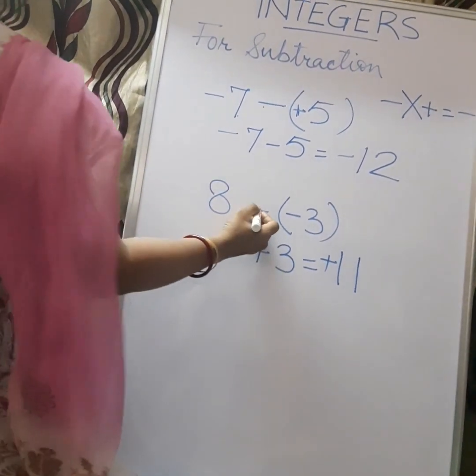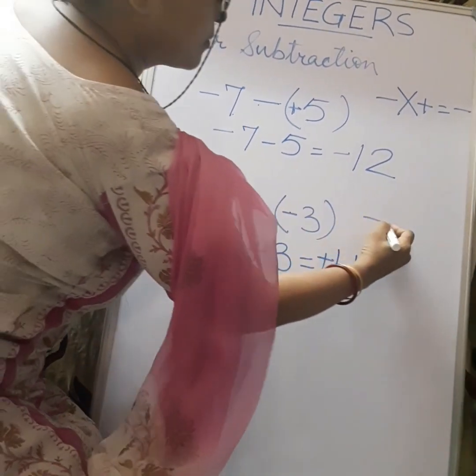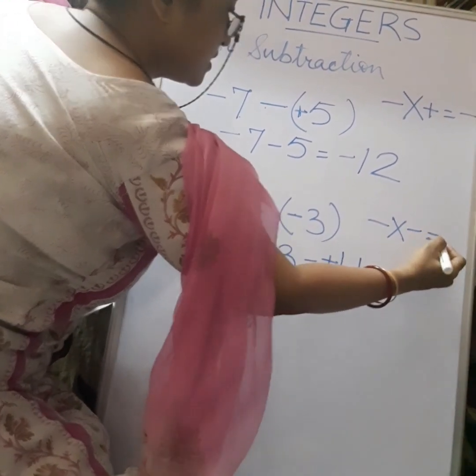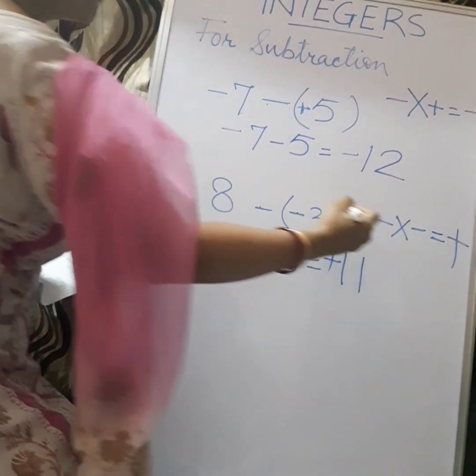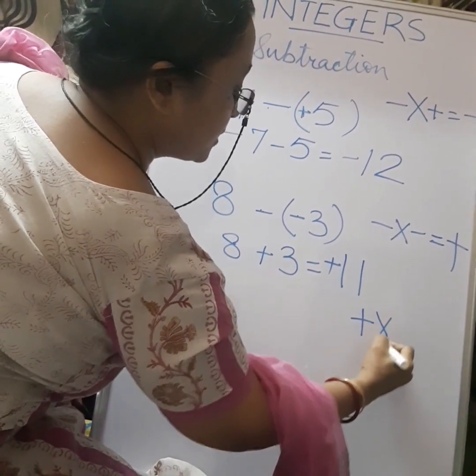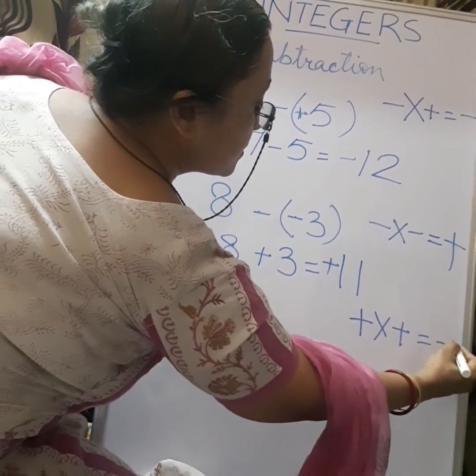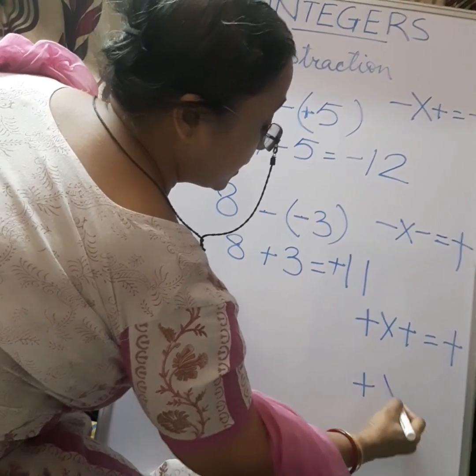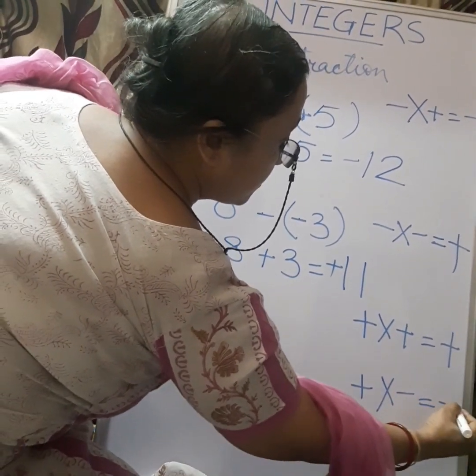Here minus into minus, minus multiplied by minus is equal to plus. The other strategy also, plus multiplied by plus is plus and plus multiplied by minus is minus.